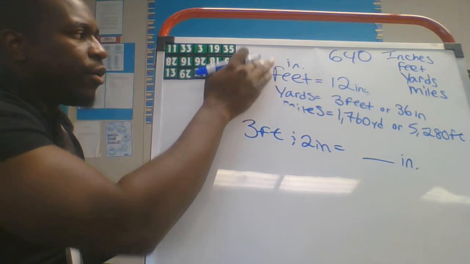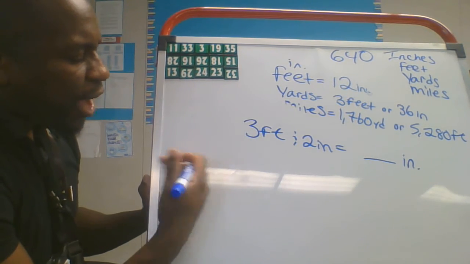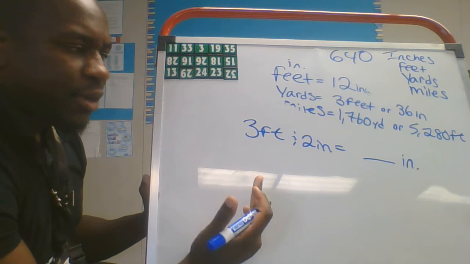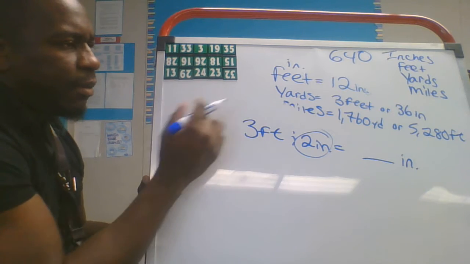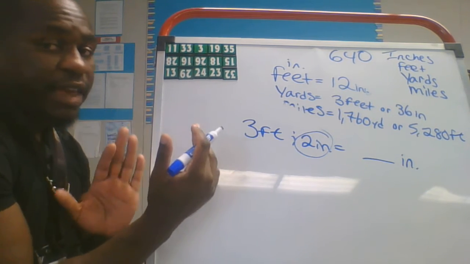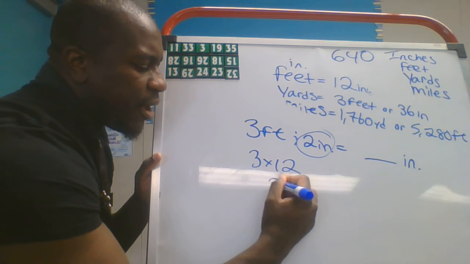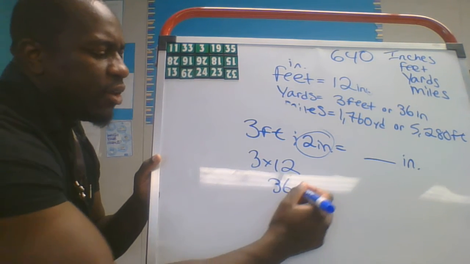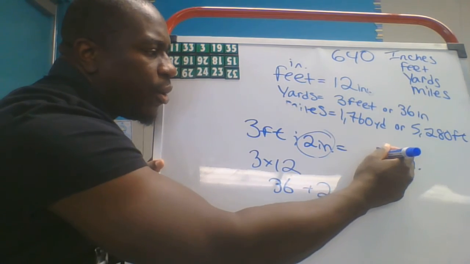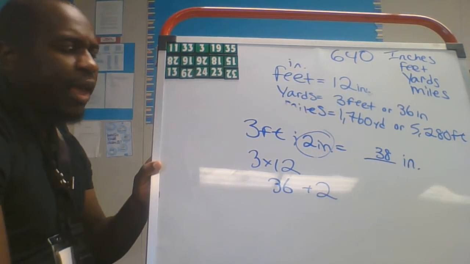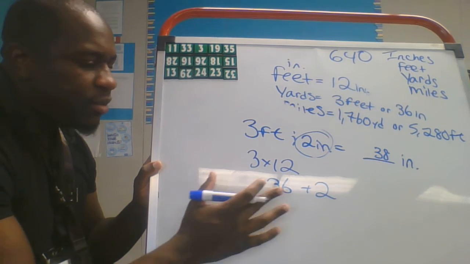I can't just multiply 3 by 12, get 36, and say I'm done. There's also this pesky 2 inches here that's not a full foot, so we couldn't say 4 feet. So we would do the 3 times 12. That'll give us 36. And then we'll have to add in that remaining 2 inches to get our total of 38 inches. Okay. So again, not overly complicated, but it will take some brain power.